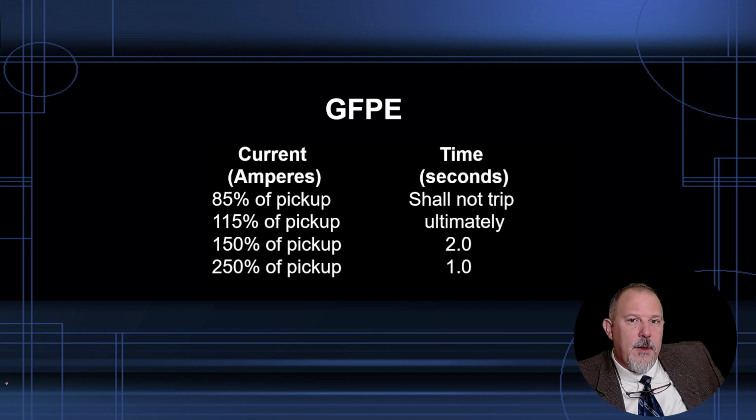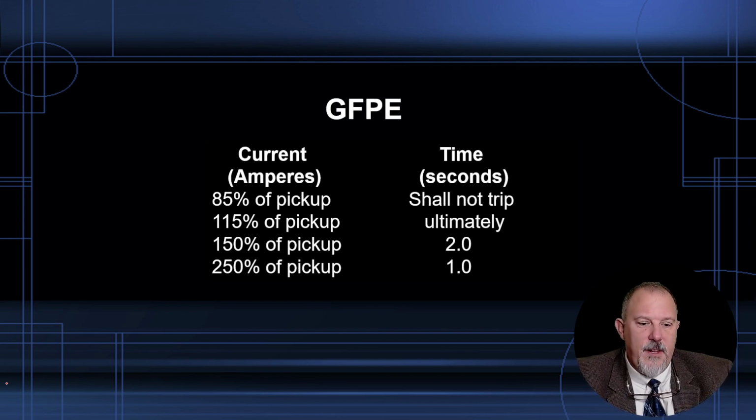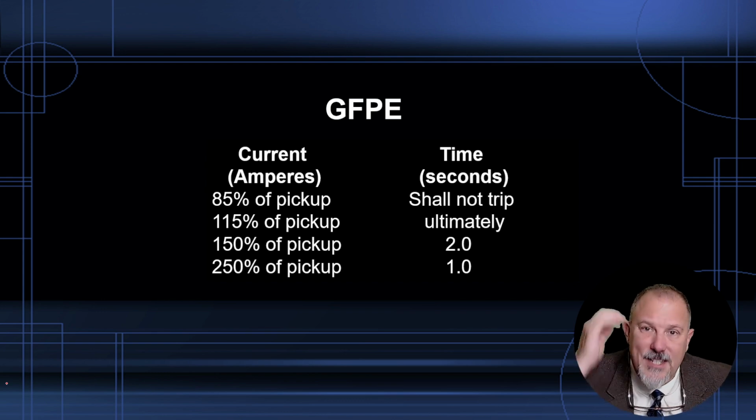If 30 milliamps is your pickup point, then you're at 115% at 1.15 times 30, which is 34.5. 1.5 times 30 is 45. So 45 milliamps has to trip within 2 seconds. But that's just, again, a maximum.